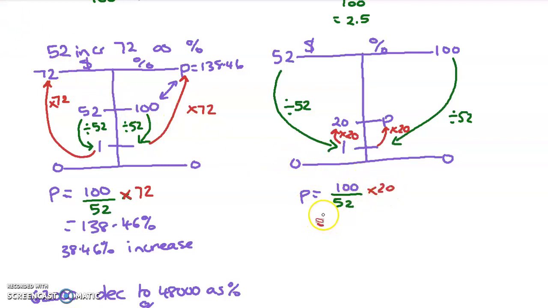And that will give you an answer of 38.46%. It doesn't matter which way you go, but you have to realise that you're either talking about an increase from 52 to 72 or a $20 increase on $52. So it doesn't matter which way you go, but you decide.